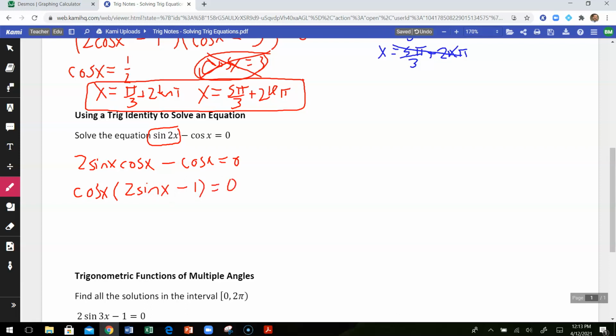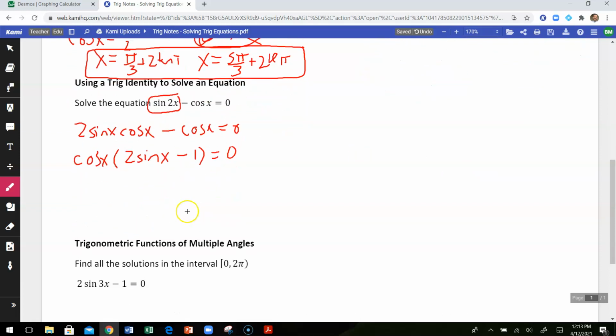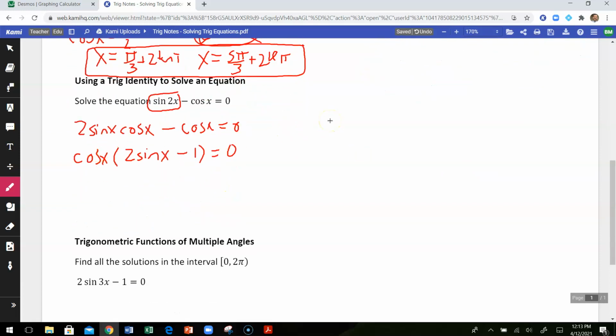And now I've essentially done what we did in the last problem. I have factored it into a product, and I can set each one of those equal to 0. So I can say, hey, this is going to be 0 when cosine is 0, or when 2 sine x minus 1 equals 0, which means where sine x is equal to 1/2 if I add 1 and divide by 2.